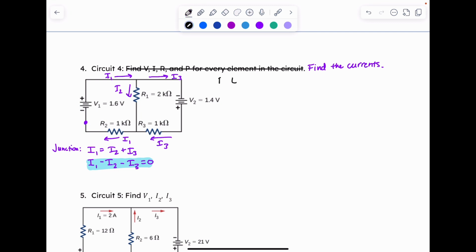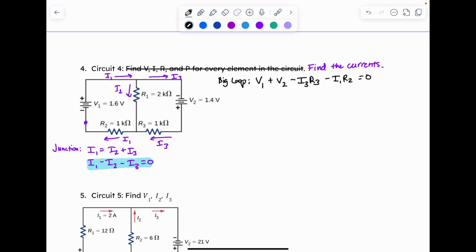So my big loop, I'm going to add V1, and then as I go around, I'm going to add V2, plus V2, and then I'm going to drop I3R3, so minus I3R3, and then I'm going to drop I1R2, minus I1R2, and then I am back to my starting point, so that is equal to 0.